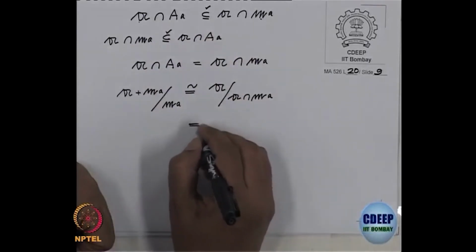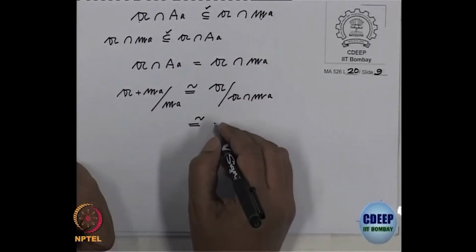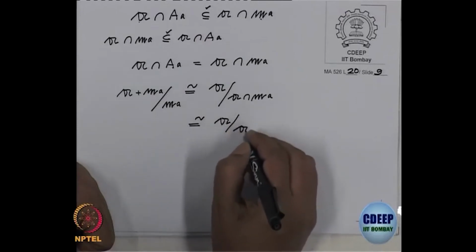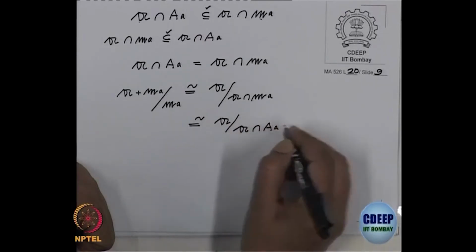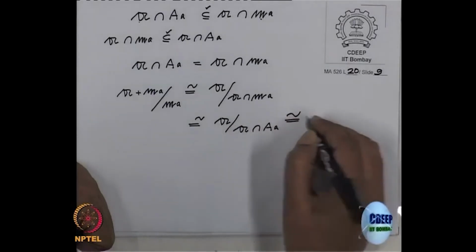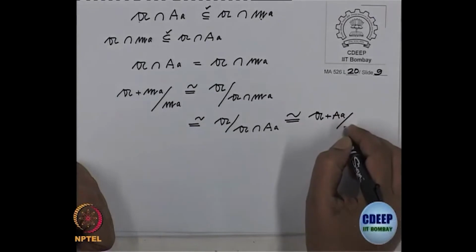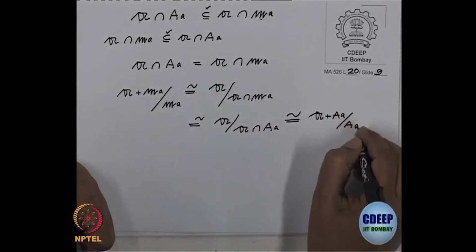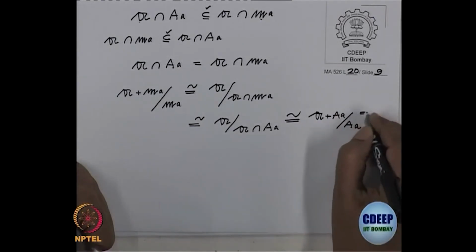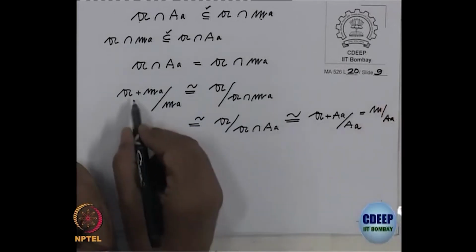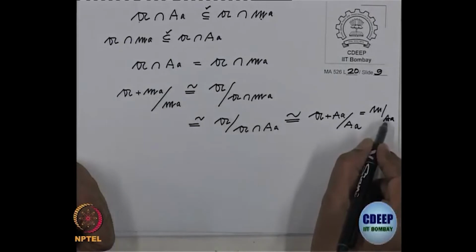So, this is isomorphic to A mod A intersection A, but again get back, this is isomorphic to A plus A mod A, but this is the same as M times M mod A. So, what we got? This is isomorphic to M times A.